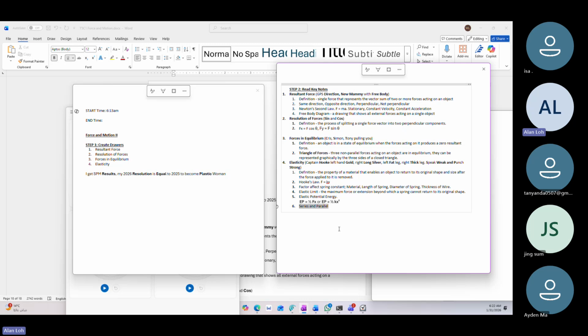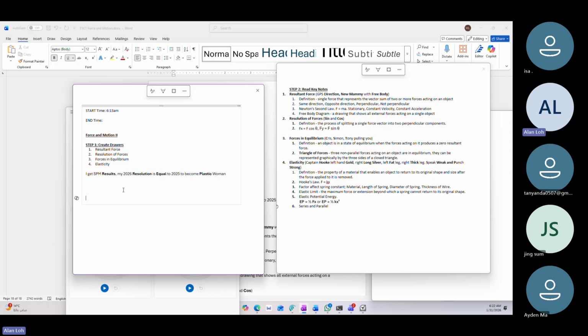What is this? It's fine if you don't understand. So that is the plastic woman. I get my SPM result, and my this year's resolution is equal to last year's resolution to become a plastic woman. Your resolution for this year and last year is the same. You want to become a plastic woman, and that will help you remember these drawers in sequence.